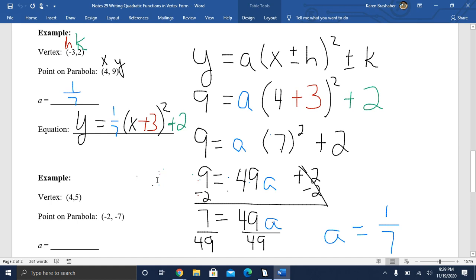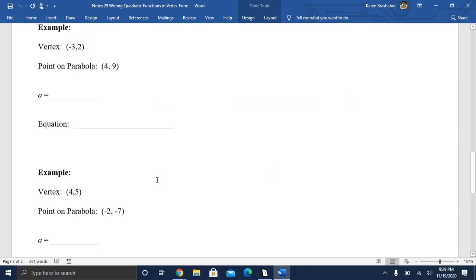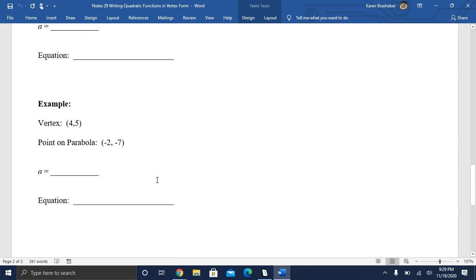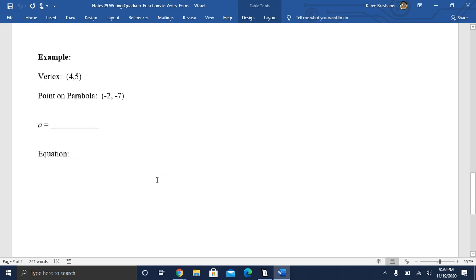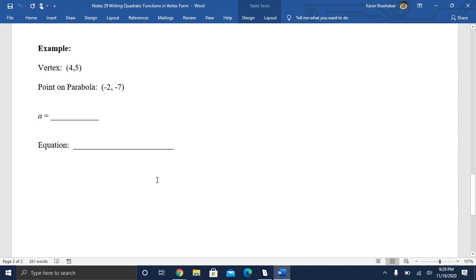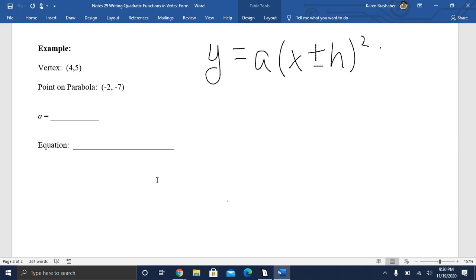So I'm going to look at one more of these with you. And the problem is 4, 5 for your vertex, with your point on the parabola being -2, 7. So once again, we're using y equals a times the parentheses x plus or minus h squared, and then plus or minus the k.